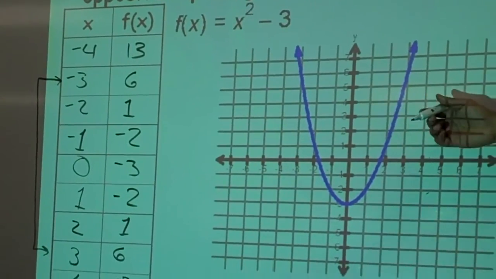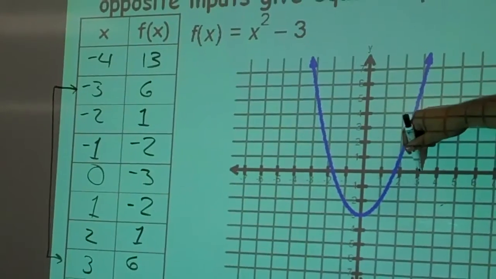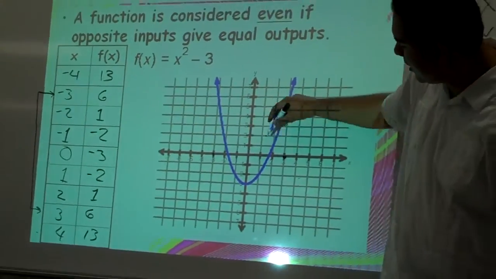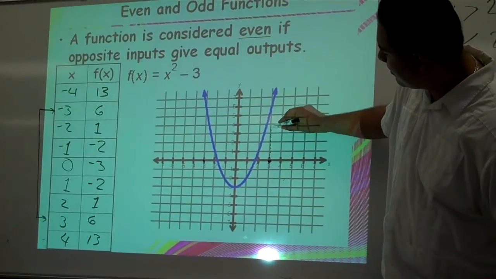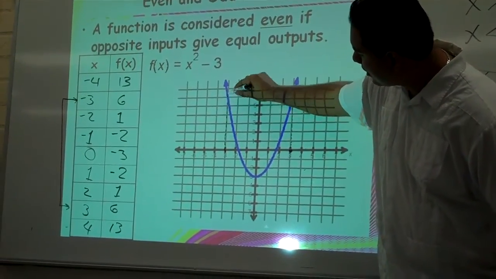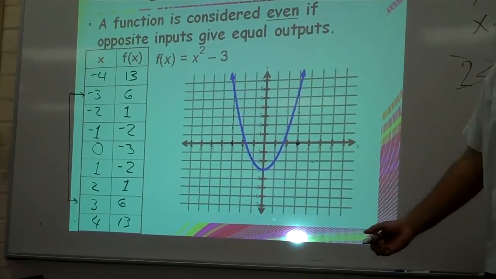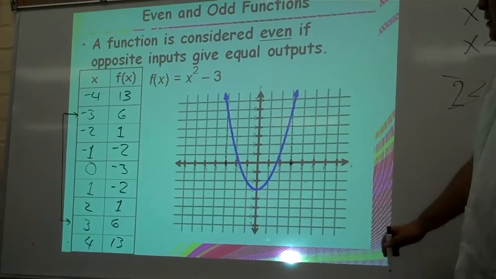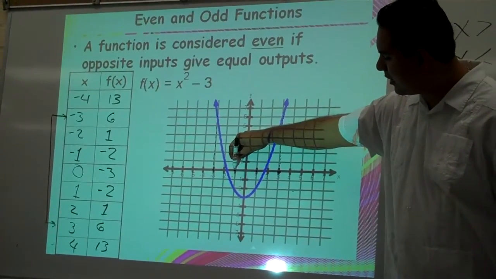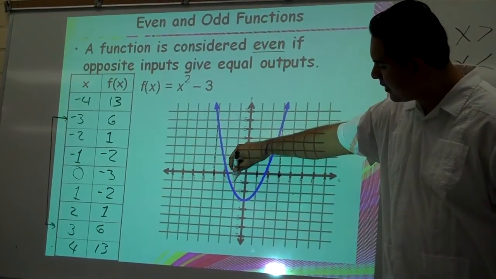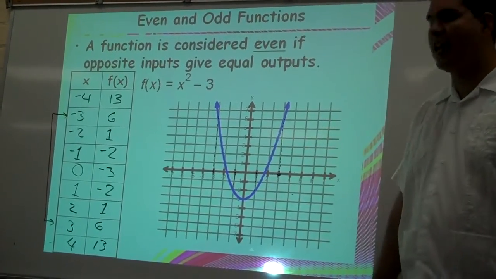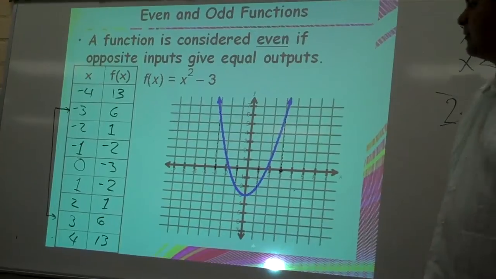Looking at this parabola, if I look at the input value 3 and the input value negative 3, I notice that they both have the exact same output. So that makes it an even function. If I look at positive 1 and negative 1, again, both output values are the same. That makes it an even function.